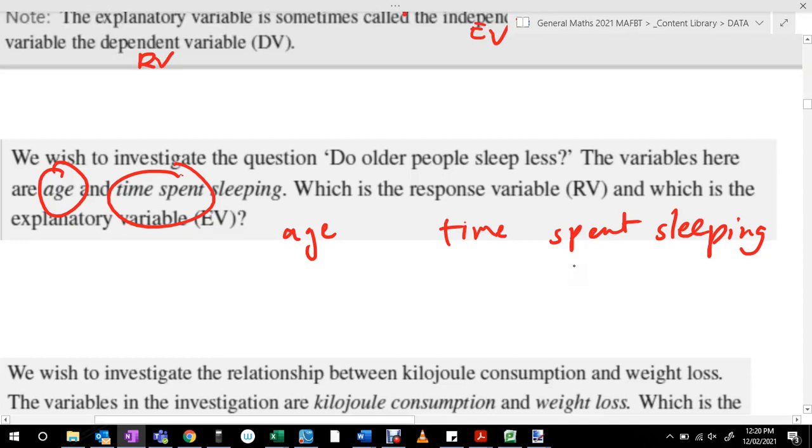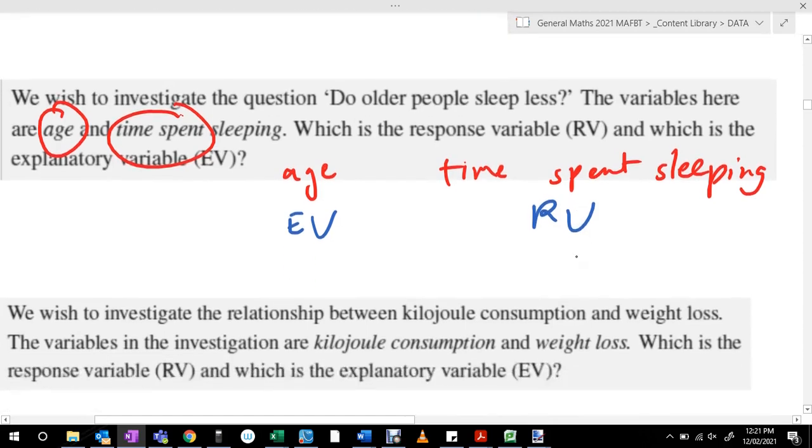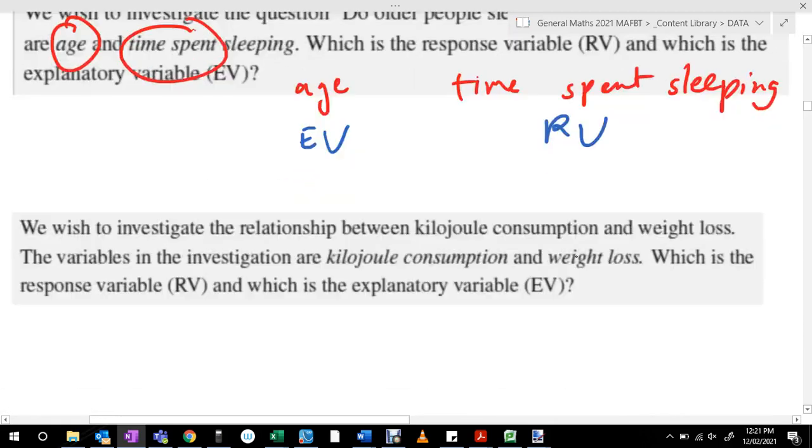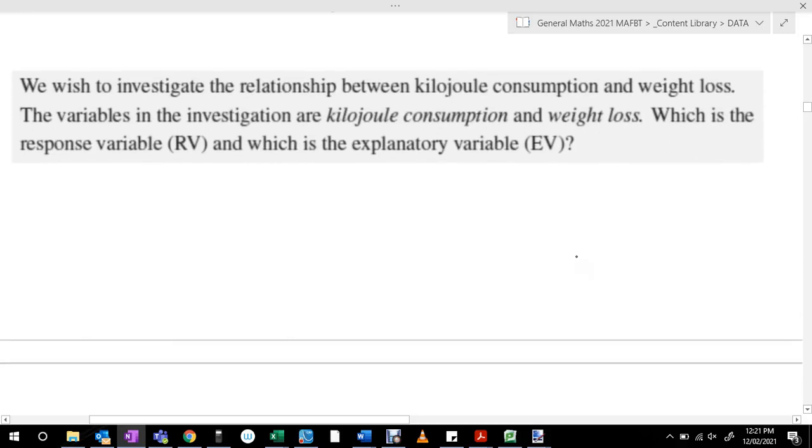But I feel like it can also be age. Yeah, I feel like this is also interchangeable. But if you're trying to measure how much people sleep, I think theoretically you'd probably go with age as the EV, because you'd look at the age groups and ask how long these age groups sleep. Because age probably determines how much they spend sleeping. Babies can sleep like 15 hours.